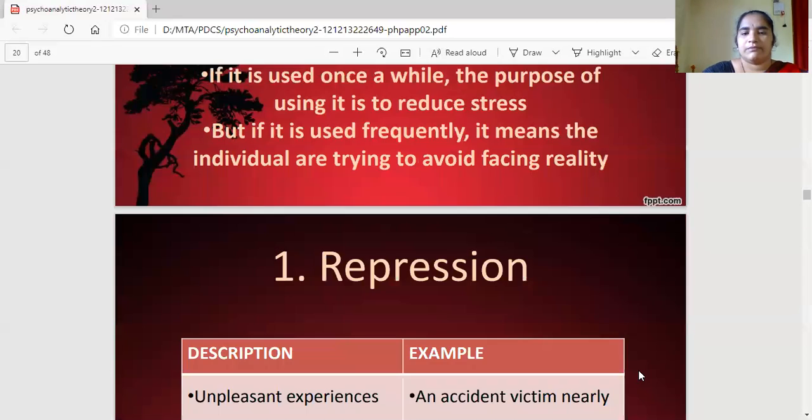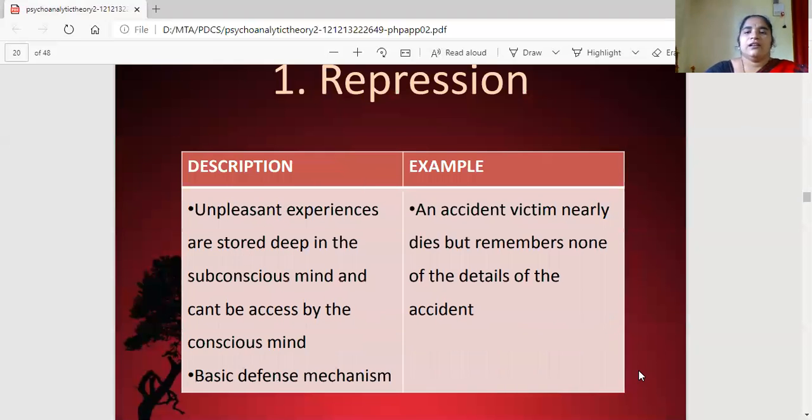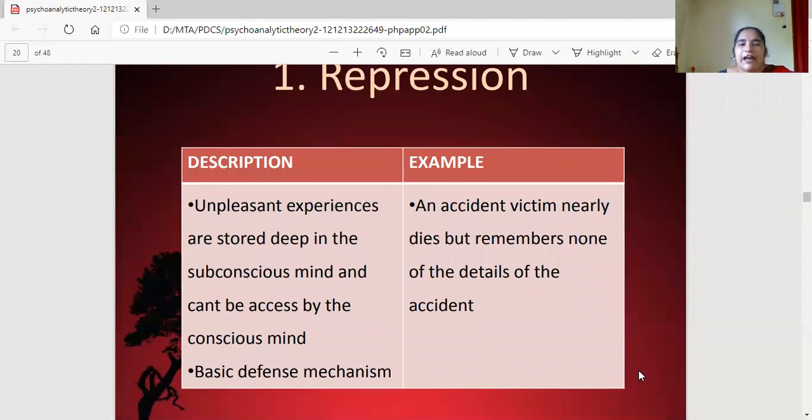Okay, the first one we call repression. So repression means trying to bury painful memories deep into the subconscious mind. You pretend to forget it.